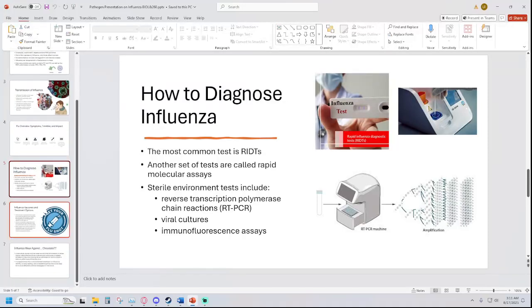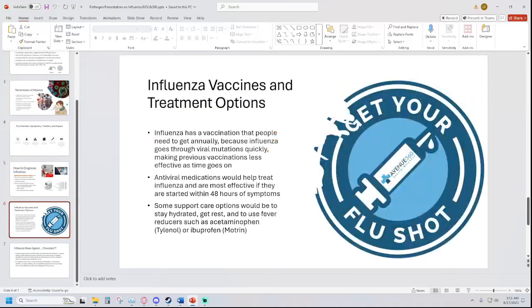Let's get into influenza vaccines and treatment options. Influenza has a vaccination that people need to get annually because influenza goes through viral mutations quickly, making previous vaccinations less effective as time goes on.